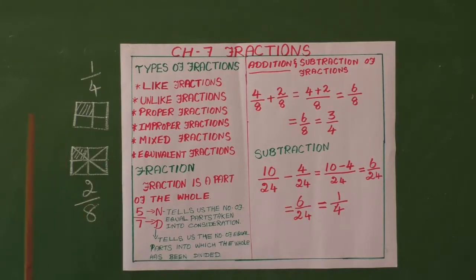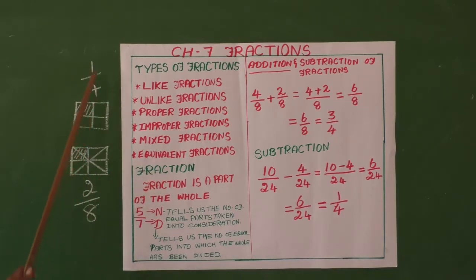Is it so or not? So equivalent fractions represent the same portion of the whole. Example, 1 by 4 and 2 by 8 are equivalent fractions. 1 by 4 and 2 by 8 represent the same portion of the whole, so we are calling it an equivalent fraction.